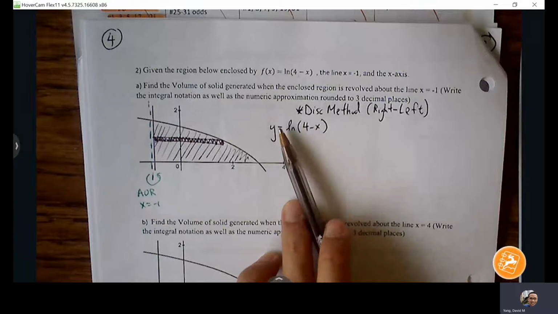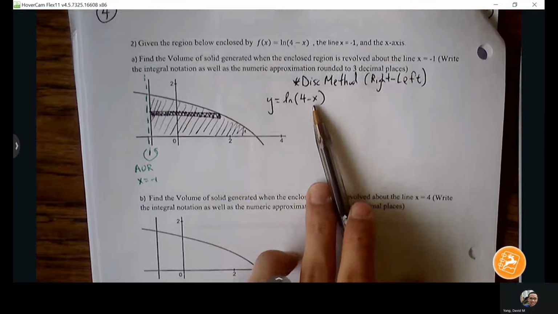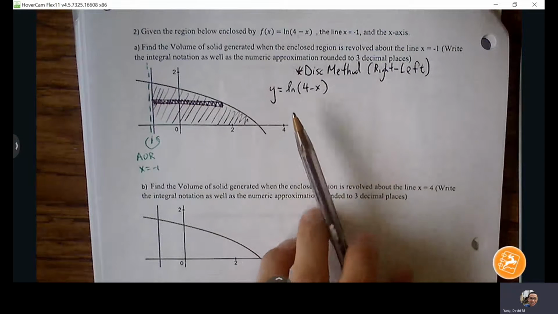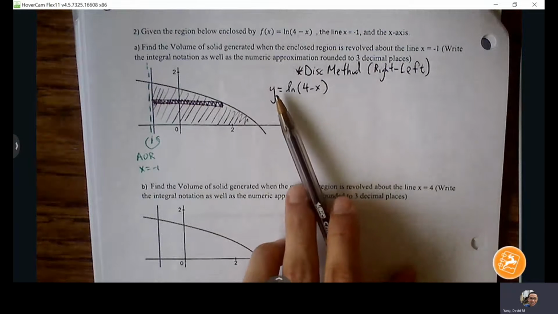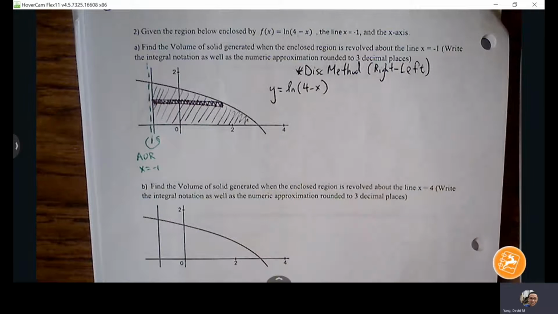All right, so what can we do to rearrange this equation so that we can solve for x? And how do I get this natural log to go away so that it's base e?